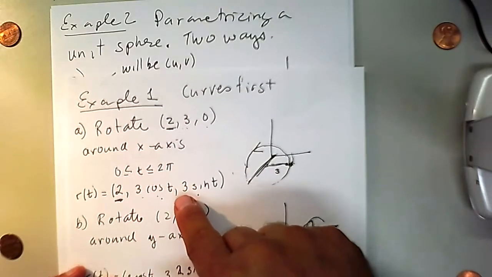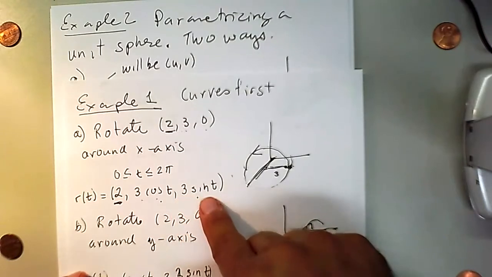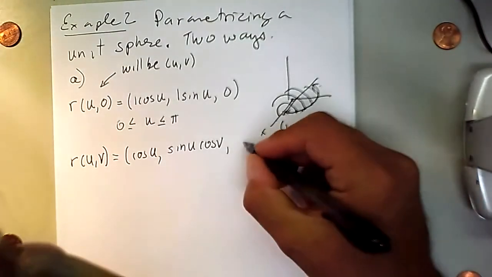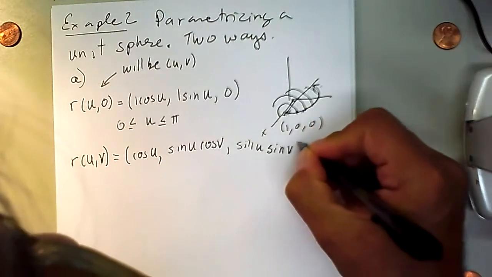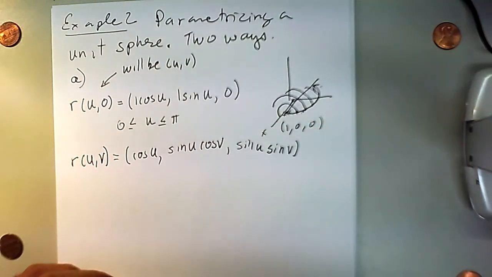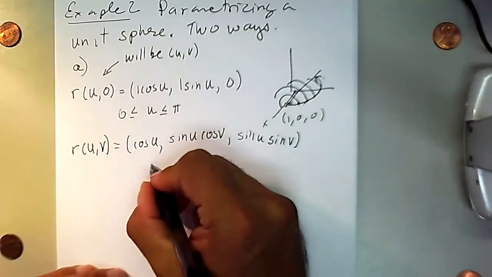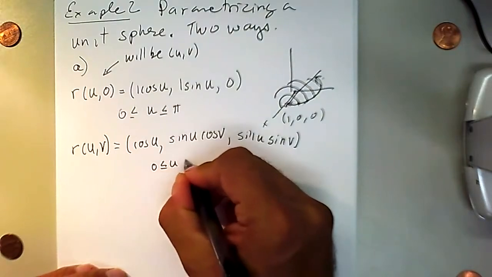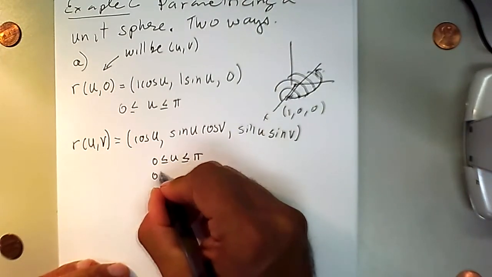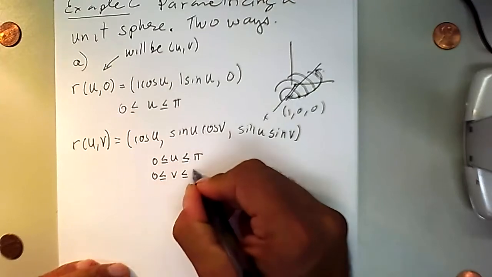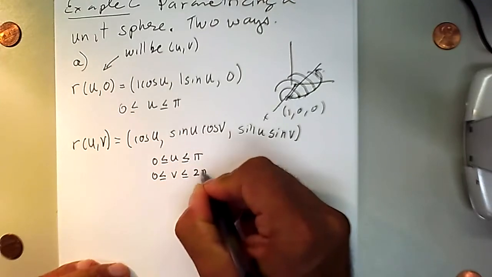So now we're going to have sine u sine v, as u goes between 0 and pi, and as v goes between 0 and 2 pi.